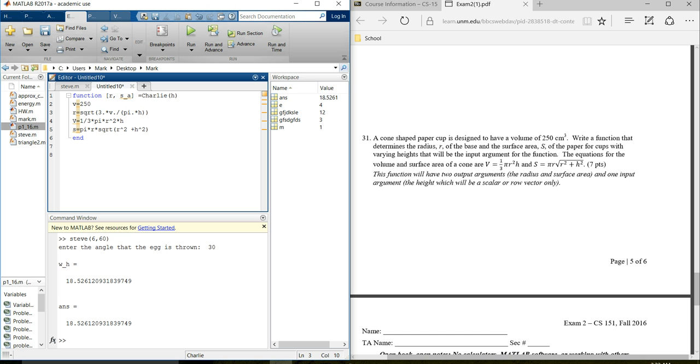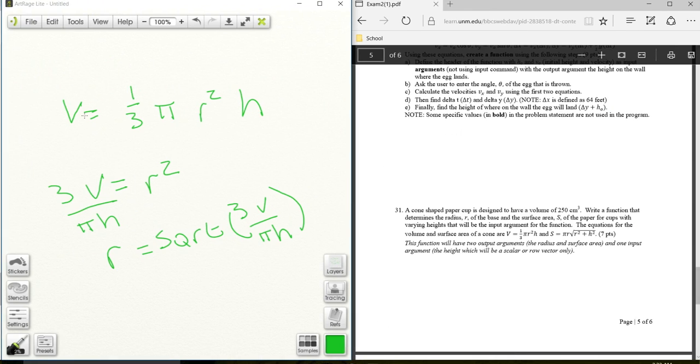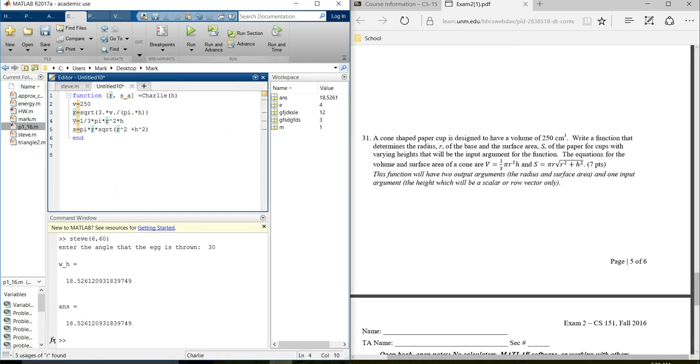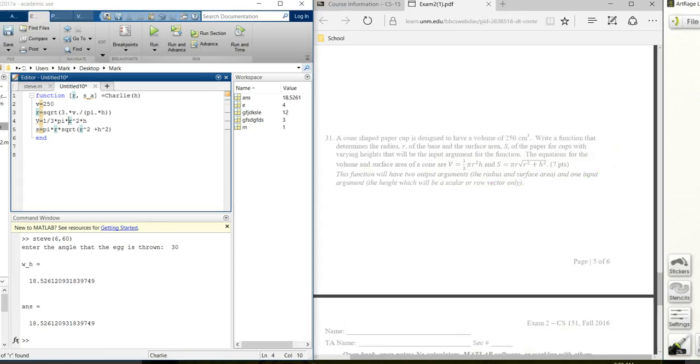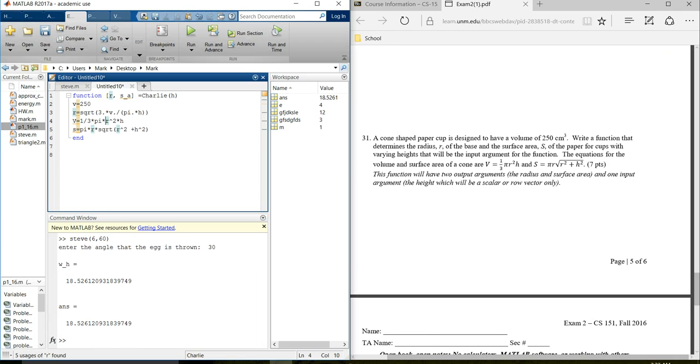I could throw dots everywhere. Well, I shouldn't. But if you get confused and you don't know where a dot goes, just throw it in. Usually it's right, but you might be wrong. But we're not doing matrix division or matrix multiplication yet, so I'm pretty sure you're right if you do that.